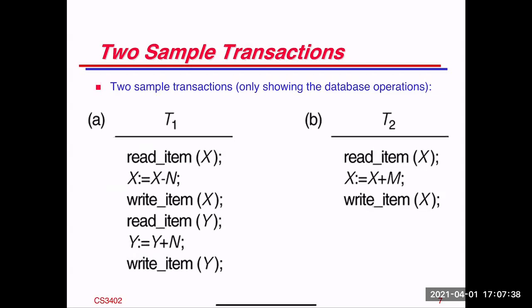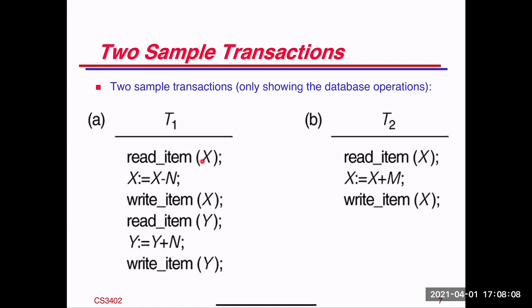Here we can see two sample transactions, T1 and T2. I'm only showing the database operations here, so I'm omitting the begin and the end. What T1 does is it transfers n reservations from one flight, whose number of reserved seats is stored in some item X, to another flight whose number of reserved seats is stored in item Y, right?